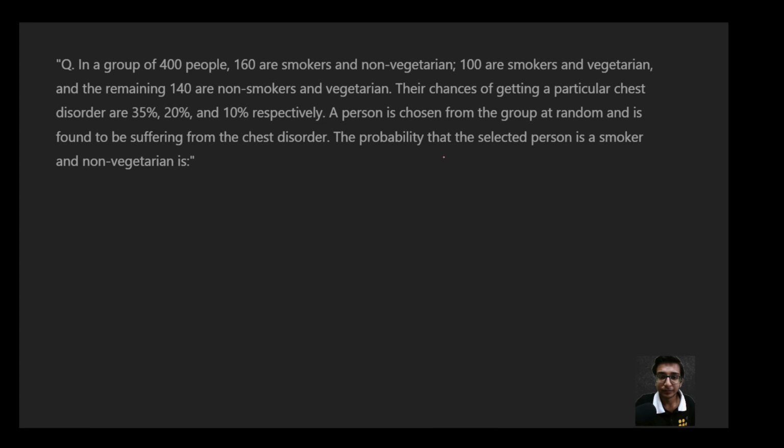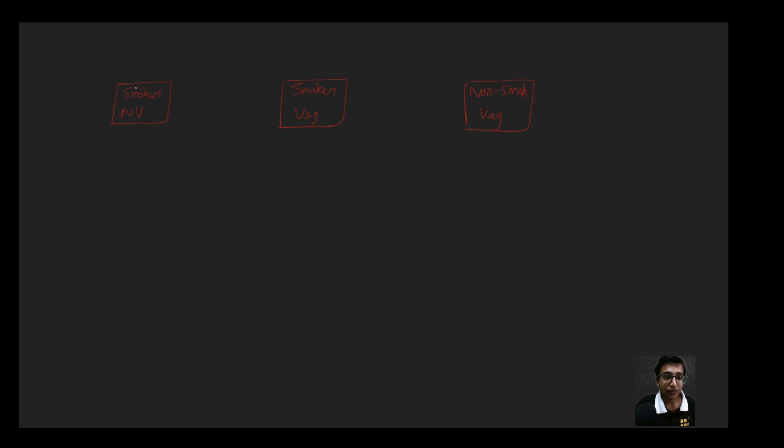What are they? One is smoker and non-vegetarian. Then a smoker and vegetarian. And we have a non-smoker and a vegetarian. What have they told us? That in total there are 400 people, out of which 160 are smokers and non-vegetarian.